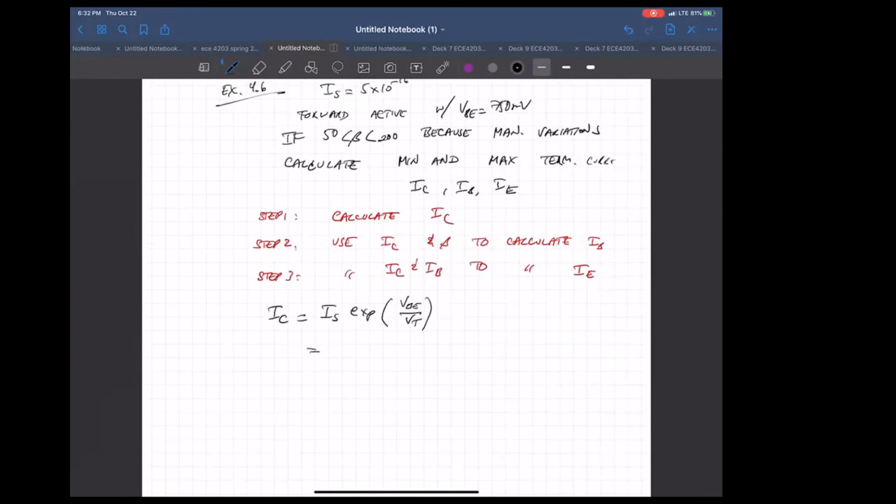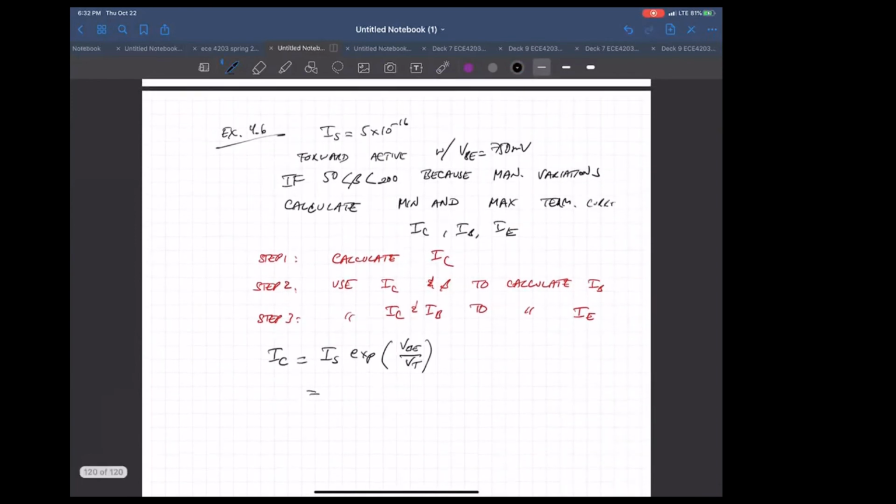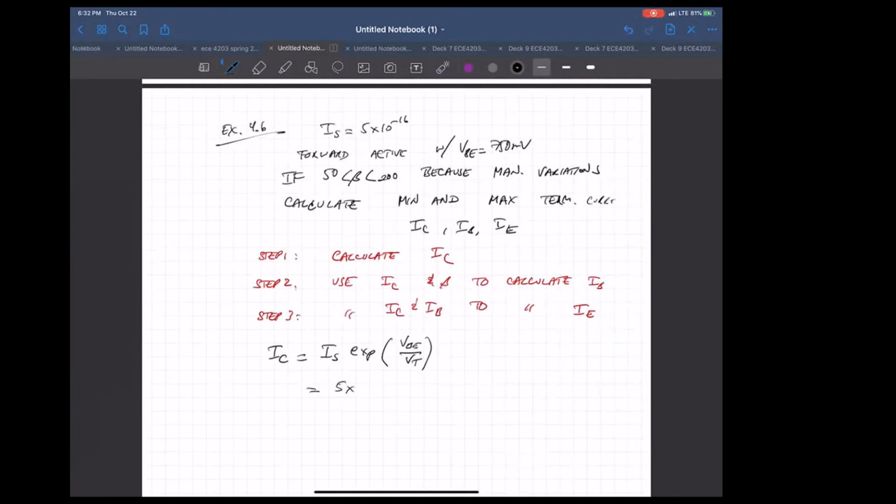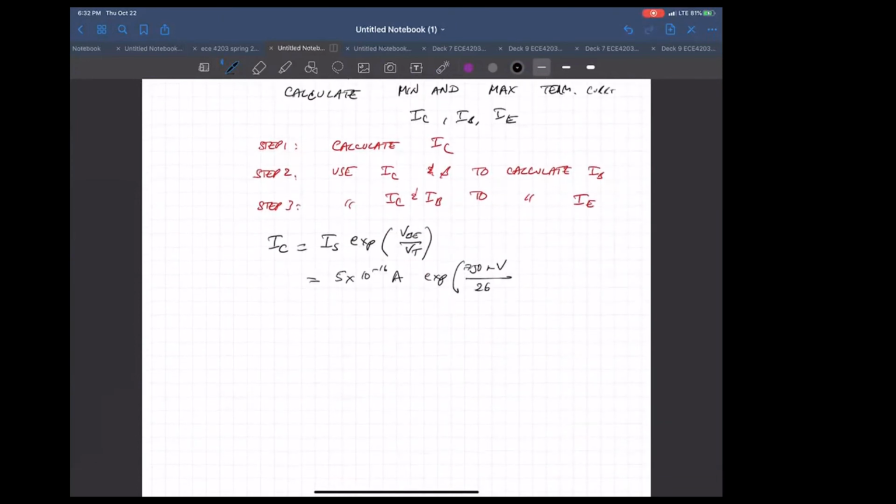So it's 5 times 10 to the minus 16 for I sub s, exponential of 750 millivolts over 26 millivolts. This gave us around 1.7 milliamp. So that's not varying. I sub c always ends up being 1.7 milliamp. So this is step 1.